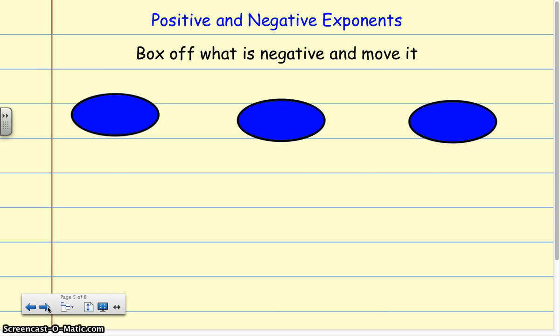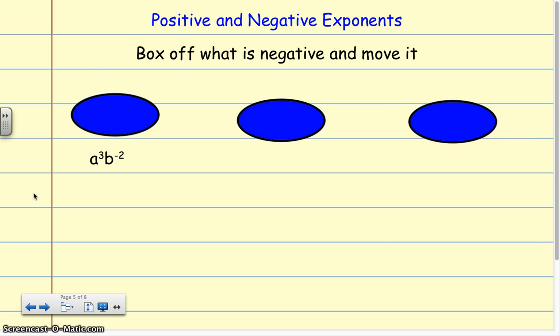All right. Positive and negative exponents. What you're going to want to do there is box off what is negative and only move the negative ones. If we have positive and negative exponents, all I'm going to do is move what's negative. That's my strategy.